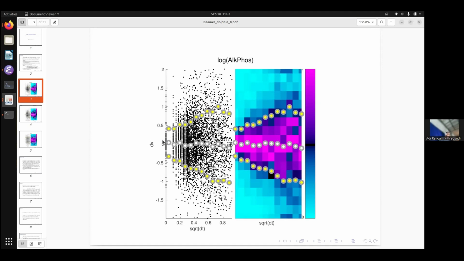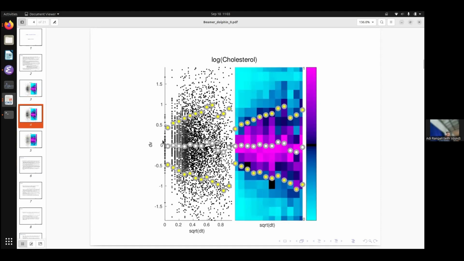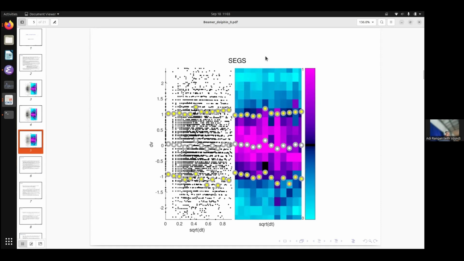Okay, so that's the main observation that I wanted to get across. And then the last thing that I wanted to show is that there are certain biomarkers here.